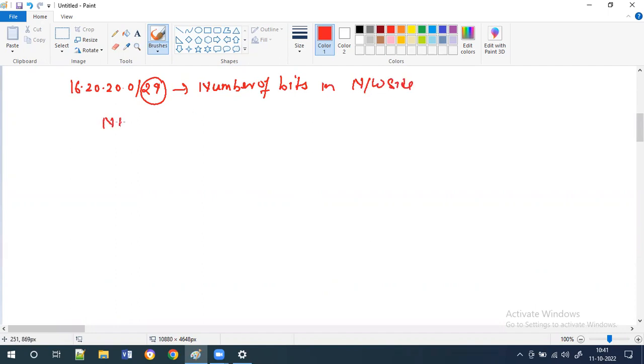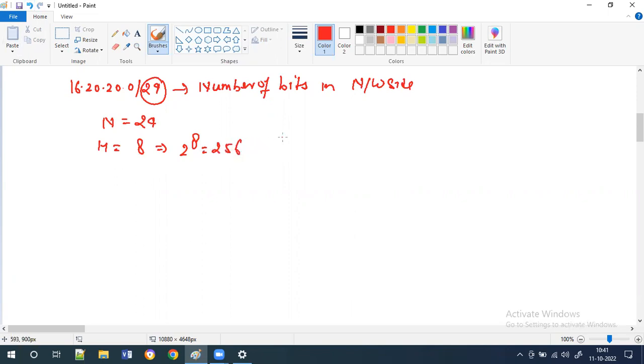So the number of bits on the network side is 24. Then how many bits on the host side? 8. With 8 bits, 2 to the power 8 means a total of 256 IP addresses.